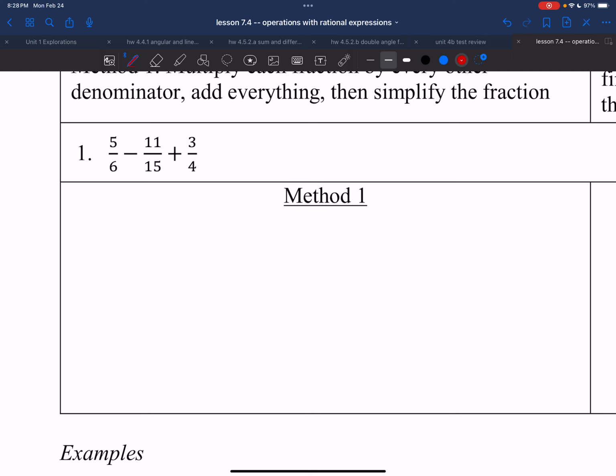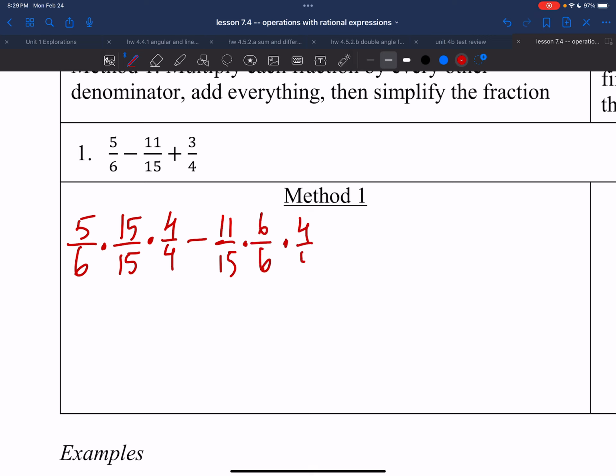If you were to do this the way we were just doing, to find a common denominator, for 5/6, you can guarantee this by multiplying by 15 over 15 and 4 over 4. And then when you move to the 11/15, you can guarantee a common denominator by multiplying by 6 over 6 and 4 over 4.